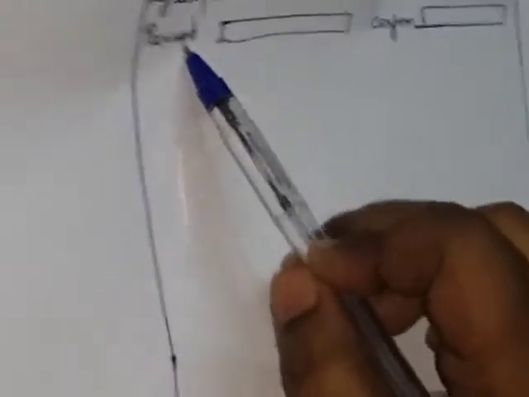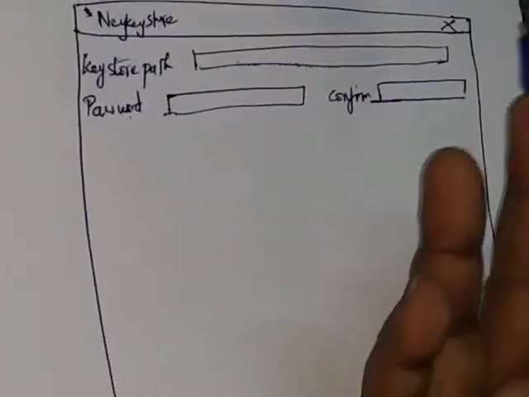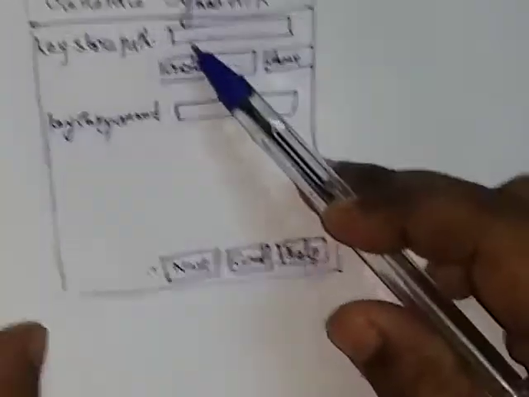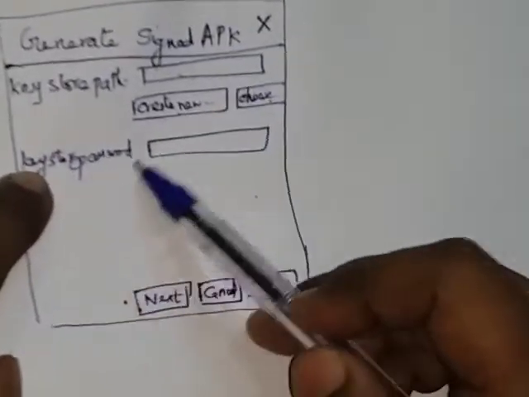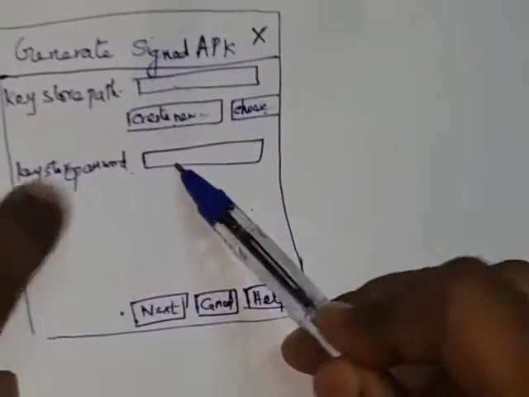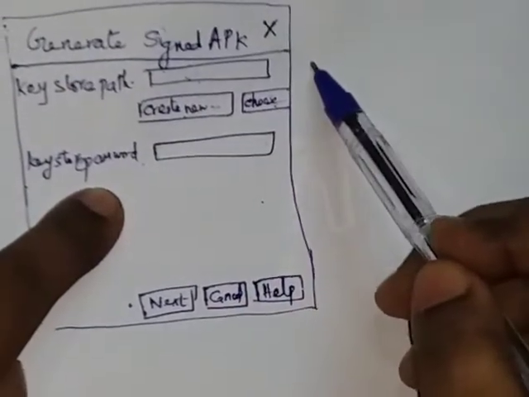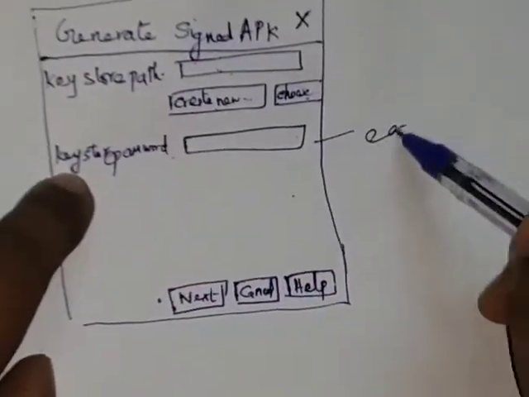Then we give a password and confirm it. If we are going to publish a second application, we have to choose the old key store path. The key store path is for all the applications that we create, but the key store password is for each and every application.